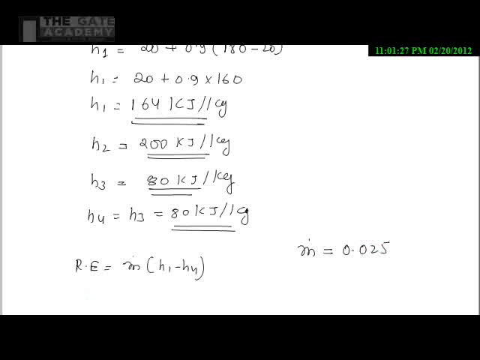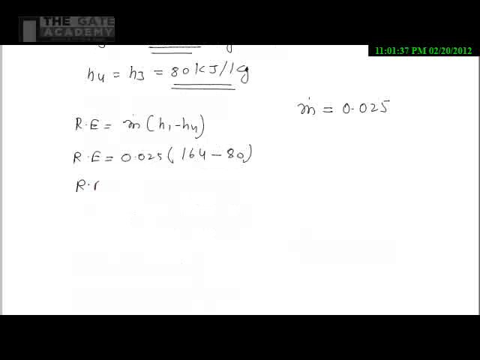So the refrigerating effect is 0.025, H1 is 164, H4 is 80. So the refrigerating effect will be 0.025 into 84, which comes to 2.1 kilojoule per second, so 2.1 kilowatt. So the answer for the refrigerating effect is 2.1 kilowatt.